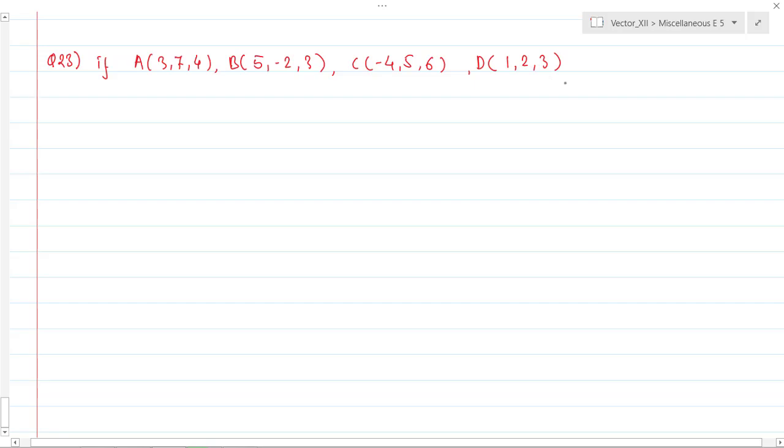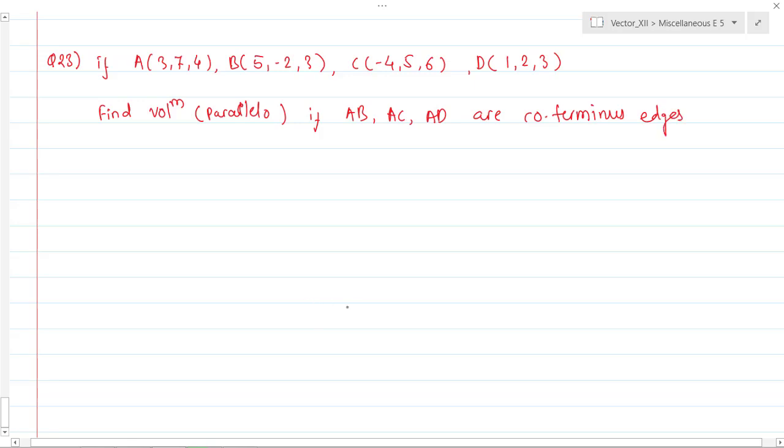Find the volume of the parallelepiped if AB, AC and AD are coterminous edges of this parallelepiped.